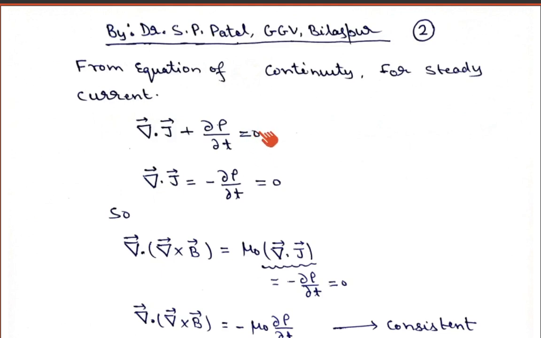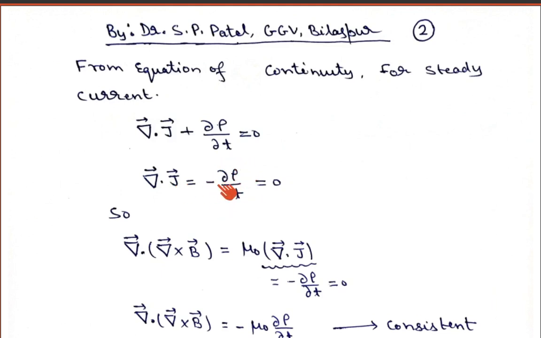Divergence of J is equal to minus del rho upon del T, and this is basically known as the conservation of charges. Divergence of J, that means the current flowing outward from a closed volume, is always equal to the rate of change of charge density within the volume.